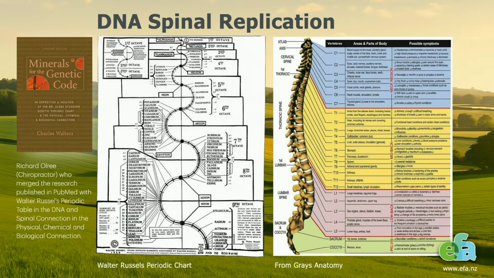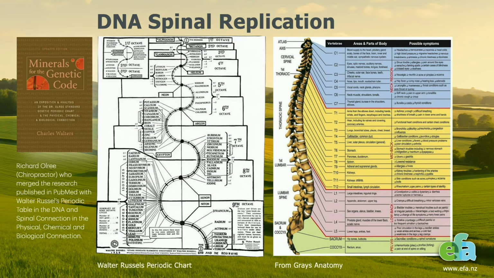So T4, for example, gallbladder, the common duct; T5, liver, solar plexus, circulation. Each spinal segment and innervation, meaning nerve section, goes out to affect different parts, organs, and systems. That's for the audio listener, just to understand what we're comparing against on the left, because you'll see the similarity of the 10 octaves from Walter Russell's periodic chart, and you can start drawing an integration between the two, right?